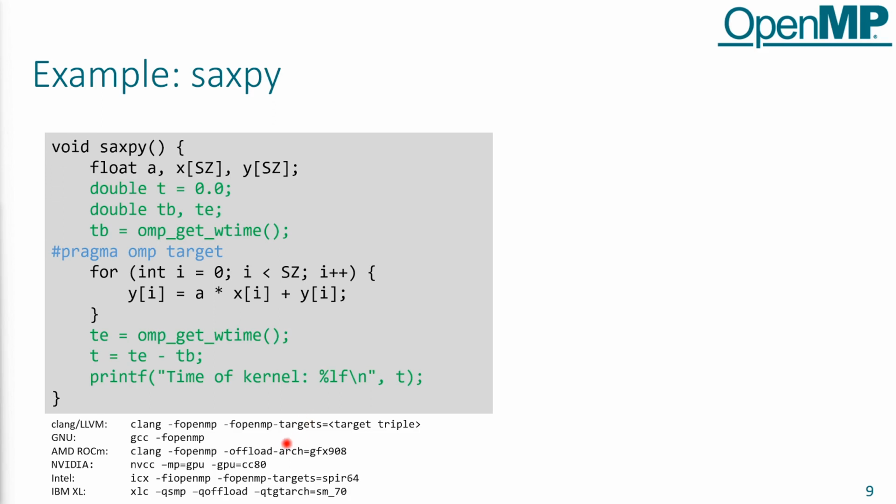If you look at the AMD compiler, we also use Clang. It's very similar, except that we have a compiler flag called -offload-arch, where you can say, for instance, gfx908, which corresponds to Instinct MI100 generation GPUs.